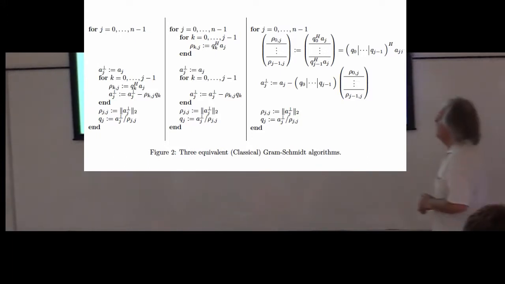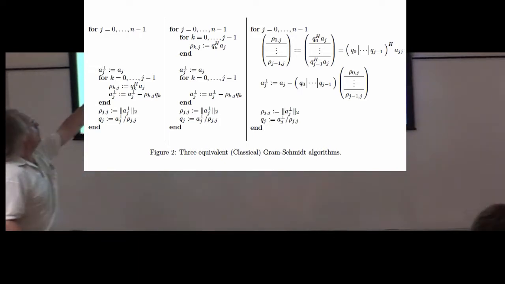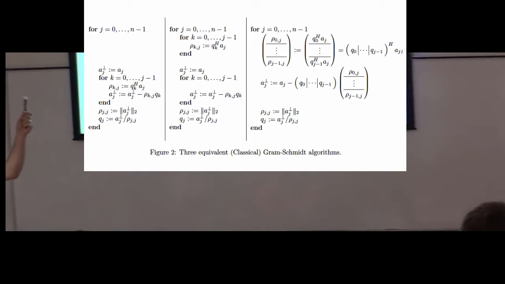So what do we have here? Actually, in the middle, we have exactly the algorithm that I just described. What happens every time you're given a new column, AJ, you compute the coefficients for the components in the directions of the previous orthonormal vectors that you've computed already, 0 through j minus 1.